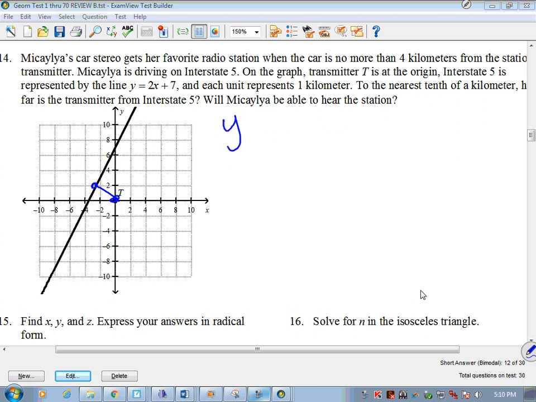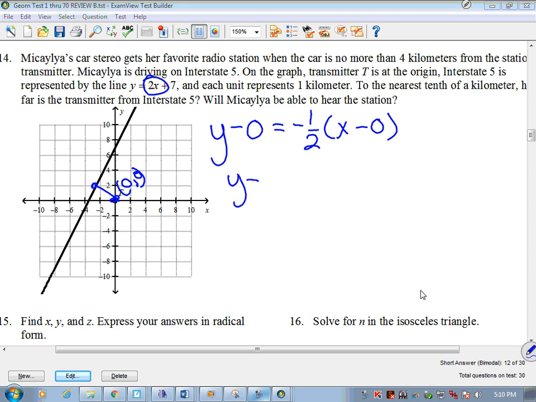We know we're going to have y minus, and we use the coordinates (0, 0): y minus 0 equals the opposite reciprocal slope of 2x, so negative 1/2 x minus 0. I'm not adding anything, so really what I'm getting is y equals negative 1/2 x.